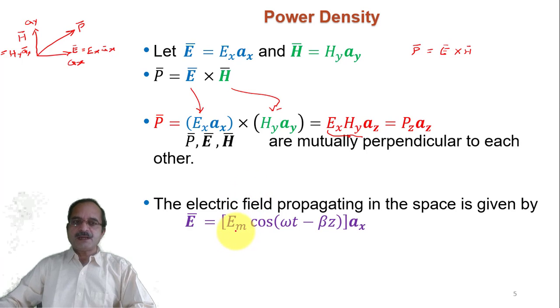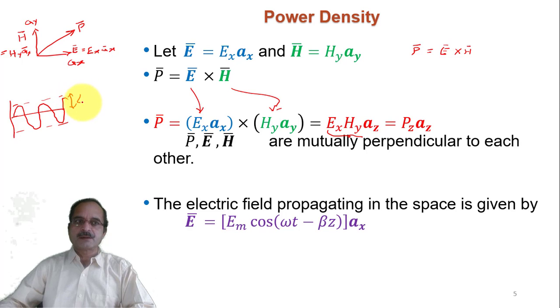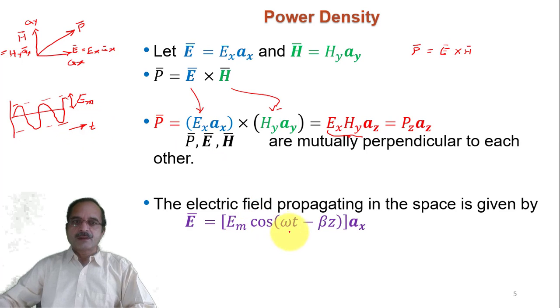So it can be represented as Em cos omega t minus beta z Ax, where Em is the peak amplitude if it is varying sinusoidally, t is the time variable, omega is the angular velocity, beta is the phase constant.